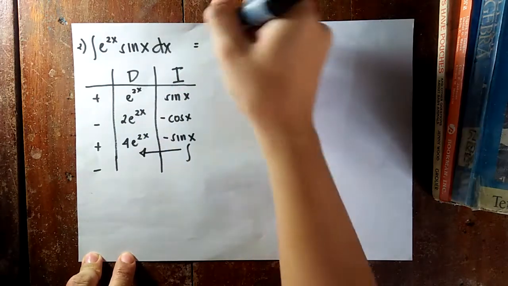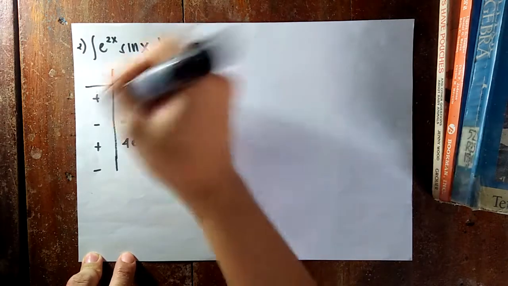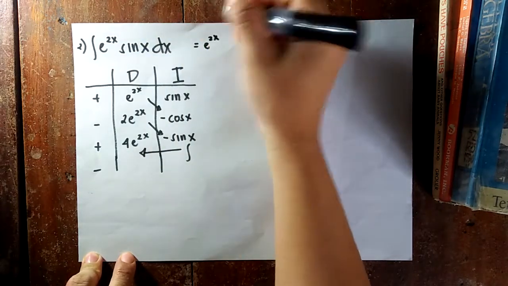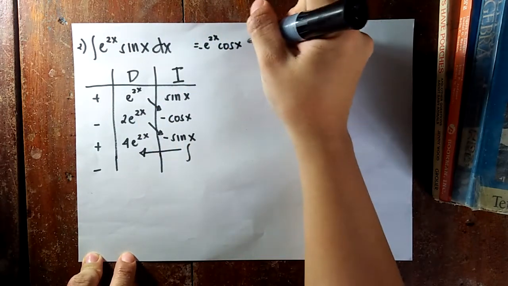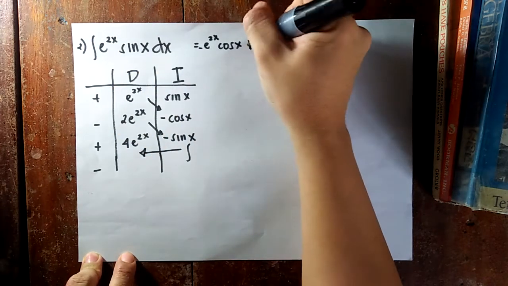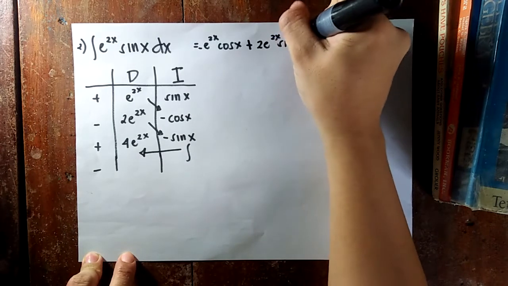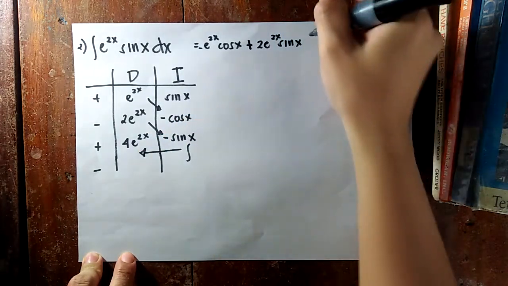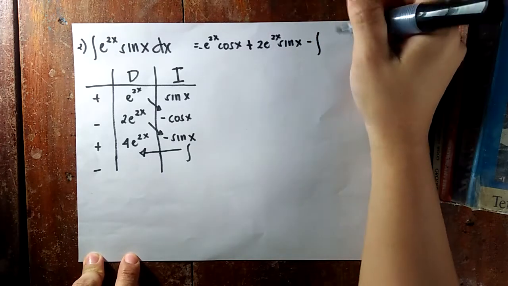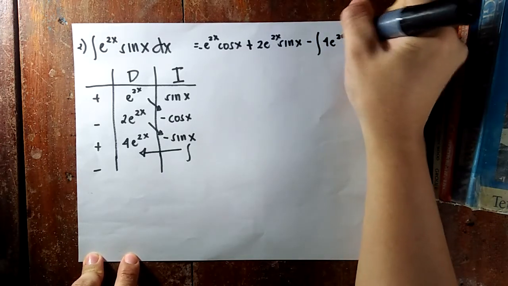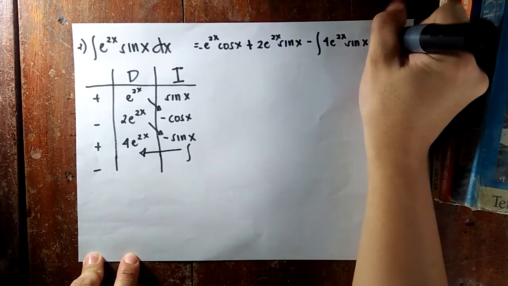The answer would be, if we multiply this diagonally, e^2x negative cosine x, negative times negative, positive 2e^2x sine x, and integrate the 4e^2x sine x dx.